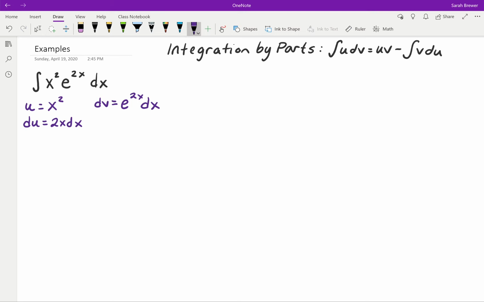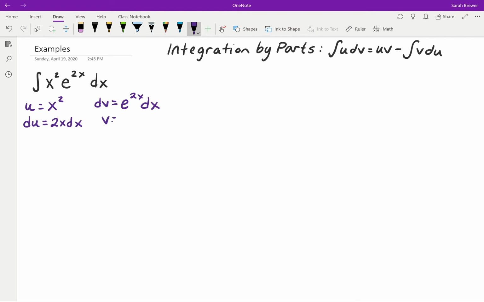But basically you're doing a u substitution with the 2x, and then the chain rule would apply, right? So if I were differentiating e to the 2x, I would have to multiply by 2. Since we're integrating, we're going to divide by 2. And you can work that out on your own if you need to check.